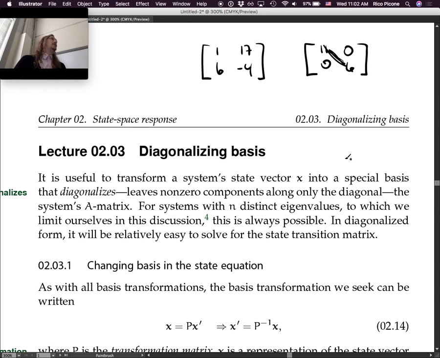For instance, you could go from a basis in which one of the state variables is the voltage across a capacitor to another basis where one of the state variables represents the voltage across a capacitor plus 3 times the voltage across a resistor or something like that. That would be a possible basis change.